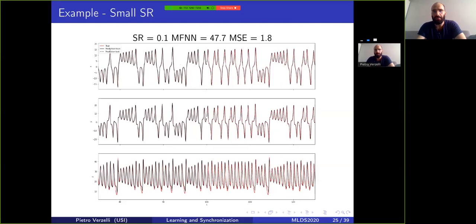In this case, the synchronization is really small, as you can see. I mean, the MFNN is big, meaning that the systems are not well synchronized. And so the mean squared error is large, let's say 2 is large enough. You can see that the Y is well reproduced again, but the Z has some problem.